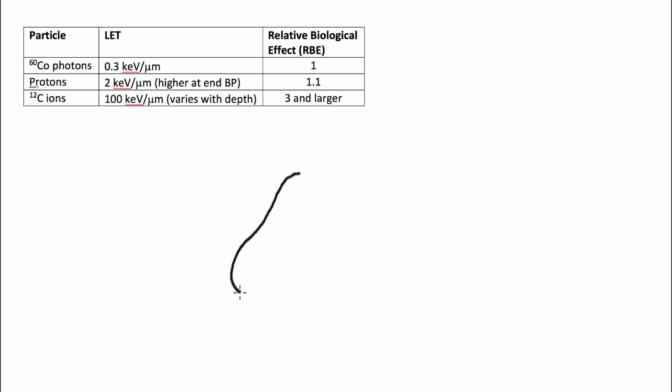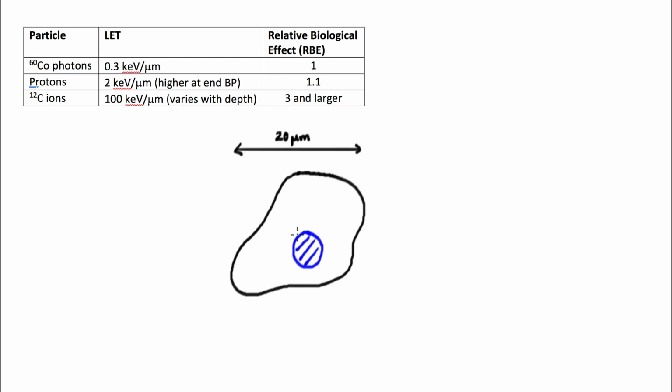We'll consider a cancer cell here. The size of that cancer cell varies, but let's say it's 20 microns across. Inside is the nucleus, which has the DNA, and let's say it's 5 microns. That gives you a sense of the scale.